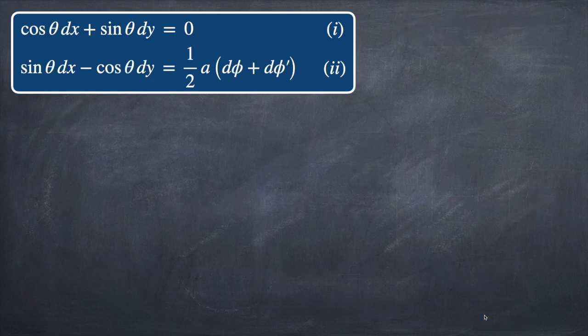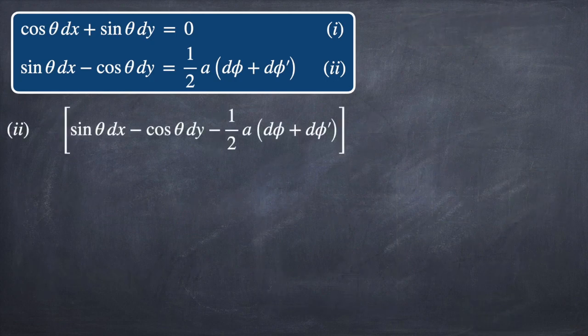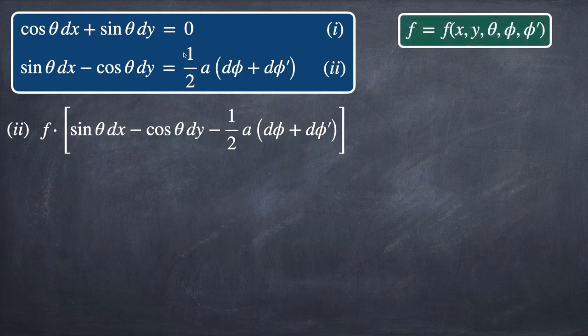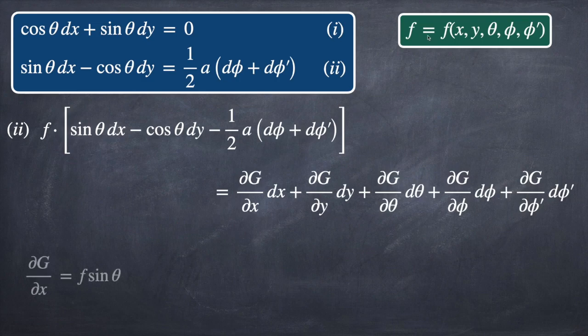Okay, so for the first one, we already obtained that the integrating factor is null, is 0. For the second one, we are going to write this term on the left-hand side, and then this quantity is equal to 0. We will multiply that by f, which is a function of all the same coordinates, and this quantity is equal to these terms here.